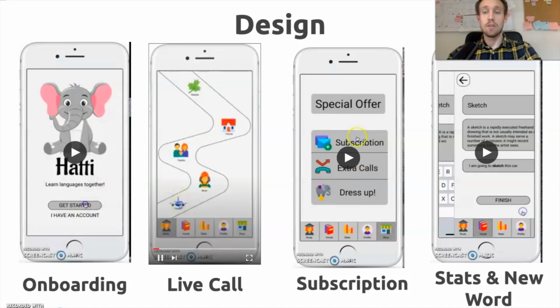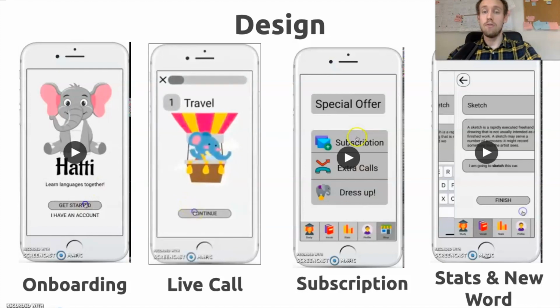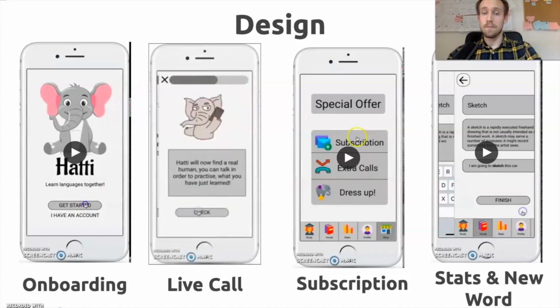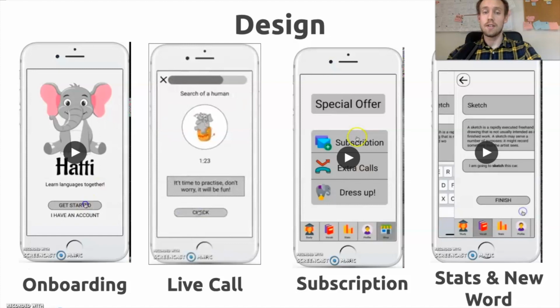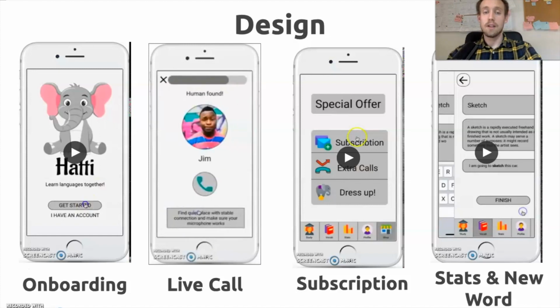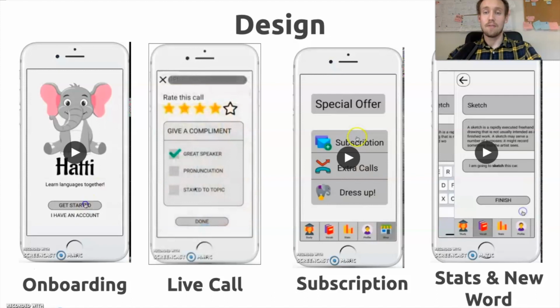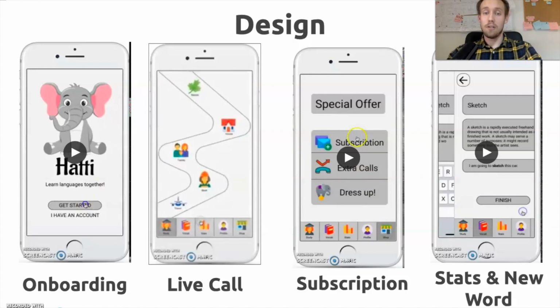When we choose the topic travel, which we go through very swiftly and successfully, there is a new screen notifying the user that there is a search for a person. Then Hati finds Jim, they connect with each other, and they have topics they can talk about. After that, we can rate the call and go back to the main menu.